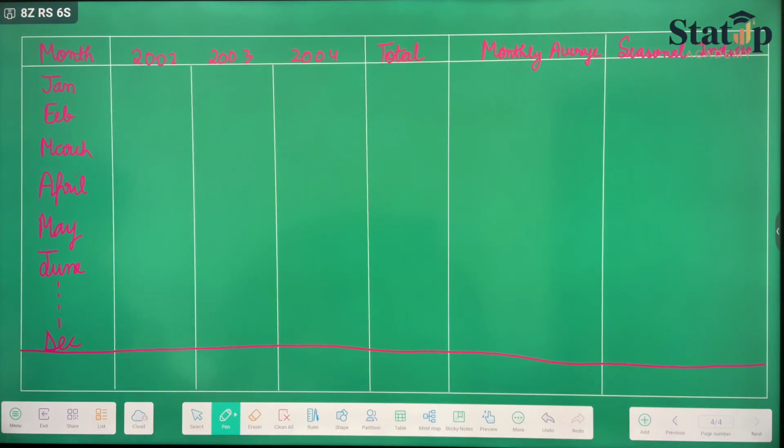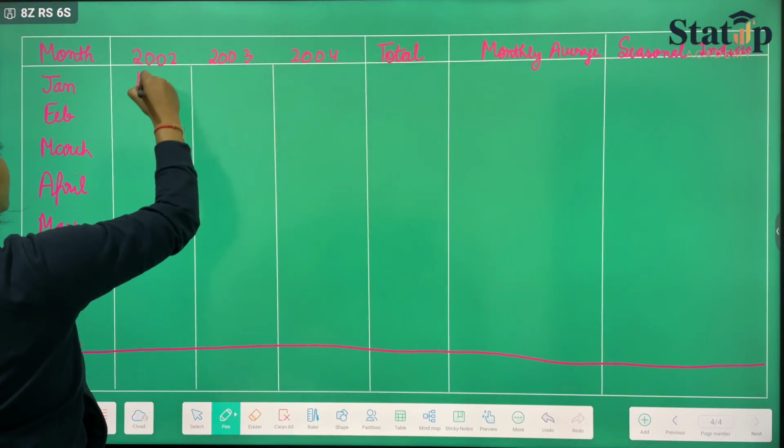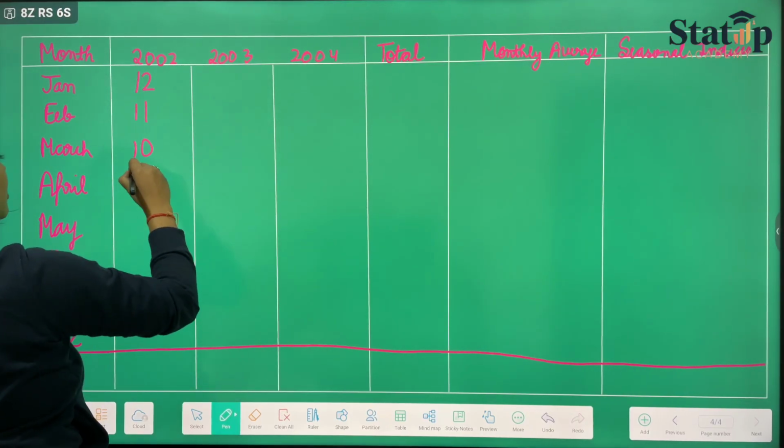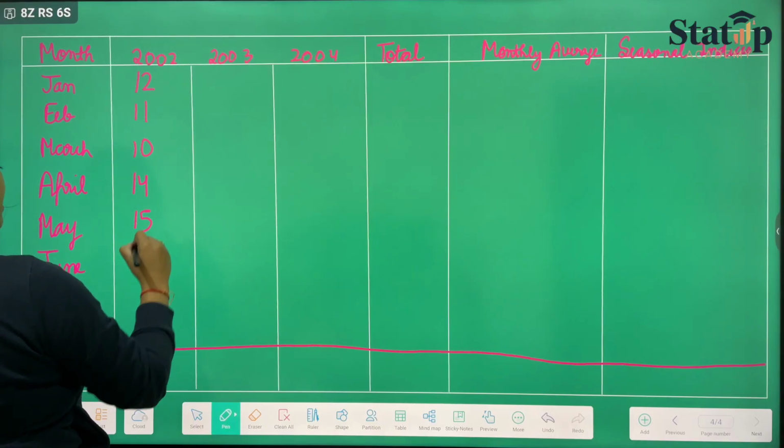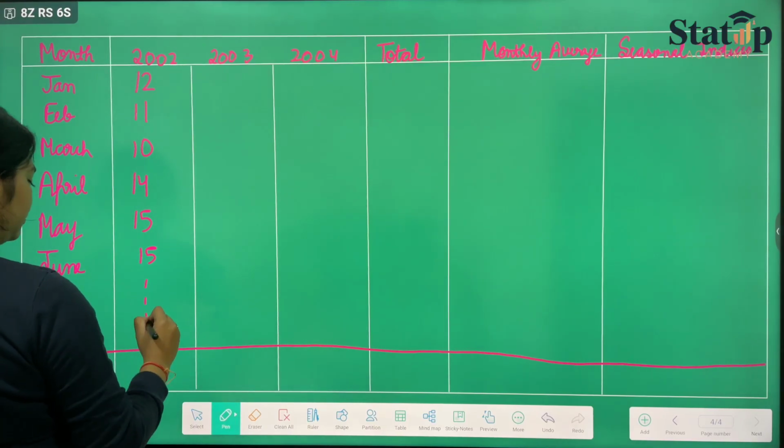So in 2002, the values given are 12, 11, 10, 14, 15, 15, and so on.